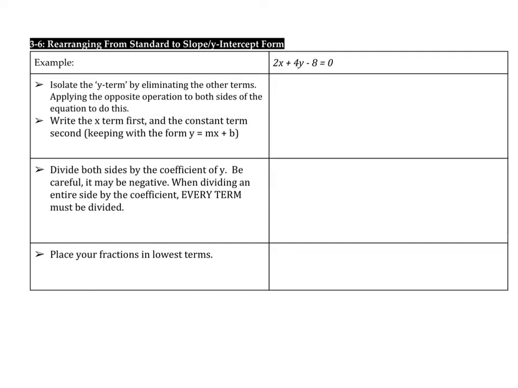In this video, we're going to be looking at a new skill, which is referred to as rearranging from standard form to slope y-intercept form.